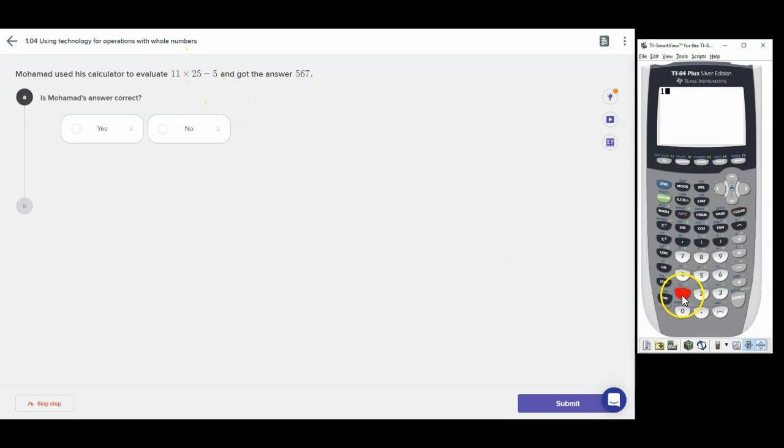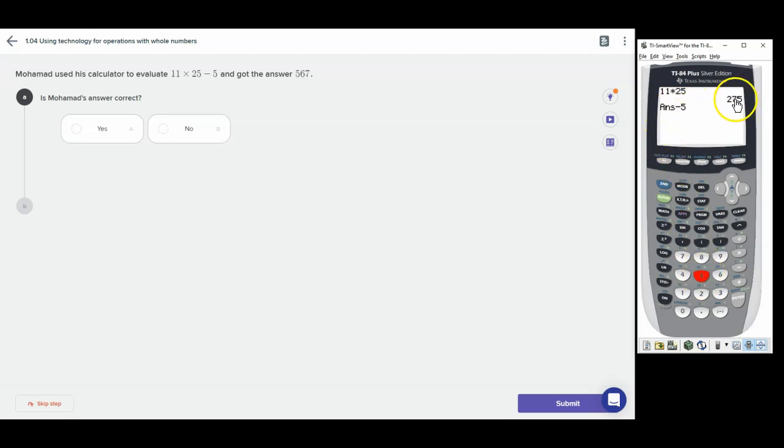So we're going to do 11 multiplied by 25, and at that stage we're finishing our first operation, so we're going to press the equals, or in my case the enter button, and you can see I have an answer of 275. Now I want to immediately take 5 away from that answer. So I don't type 275 again, I press the subtract button, and you can see I'm taking the answer that I previously have, so this answer here, and I'm now going to take away 5, so I press my 5 button.